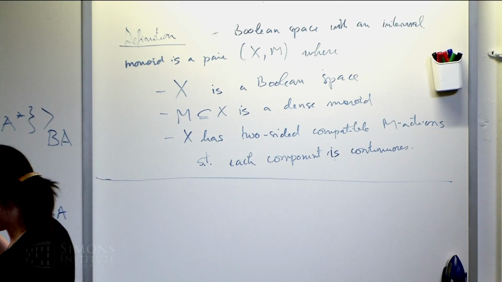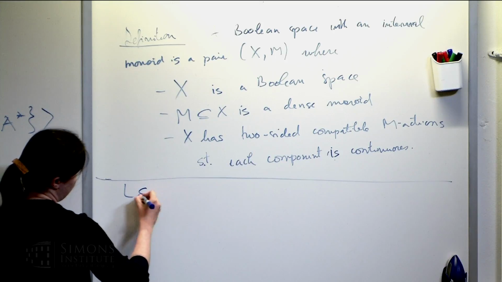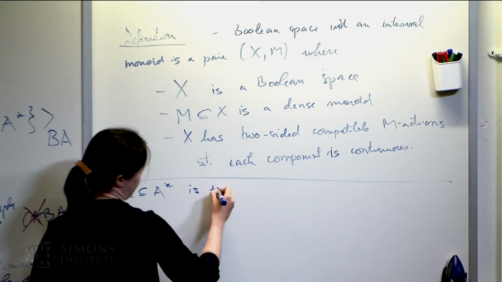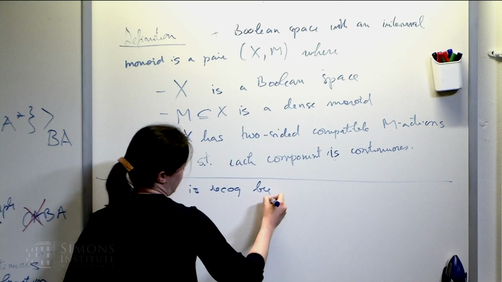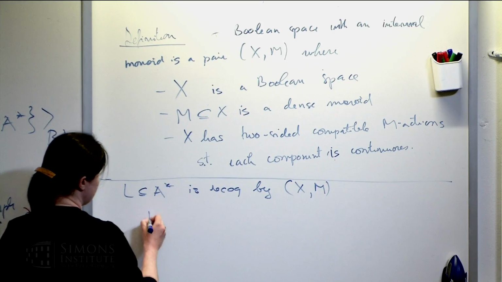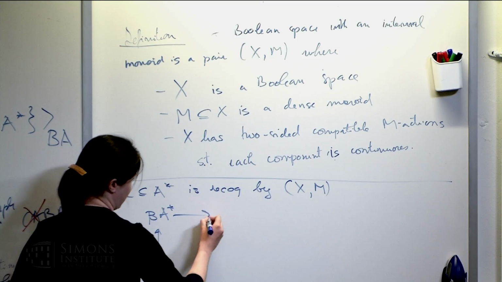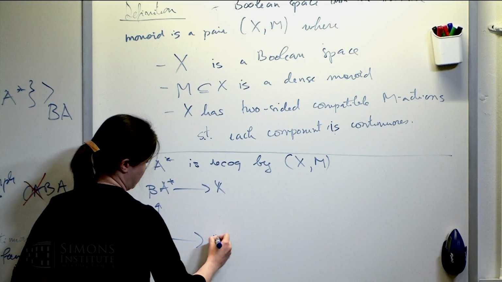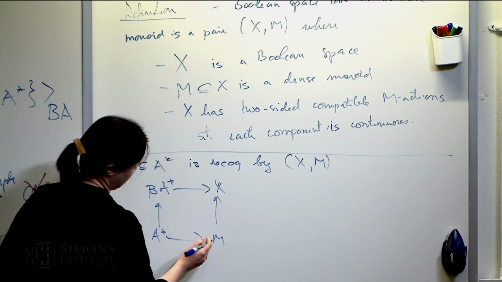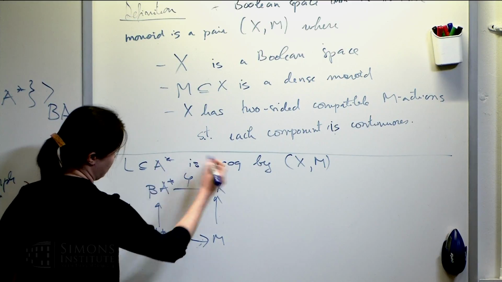Yeah, so then we can say a language L in A star is recognized by such a space with an internal monoid, provided that one has a commutative diagram of this shape, where here I have a monoid. So this phi is really the same.